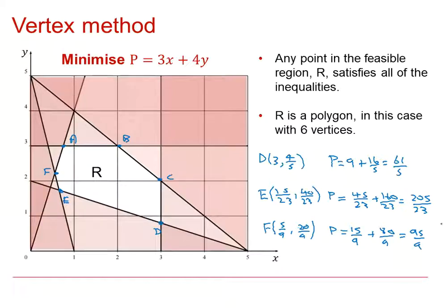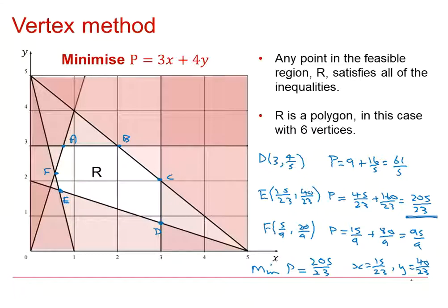We're trying to minimize P, and the smallest value I can find for P is this one. So my solution is the minimum value of P is 205/23, and that happens when x is 15/23 and y is 40/23.